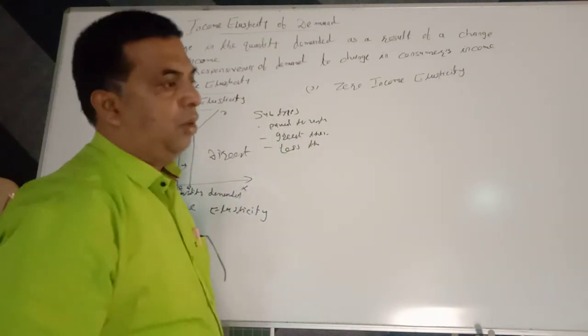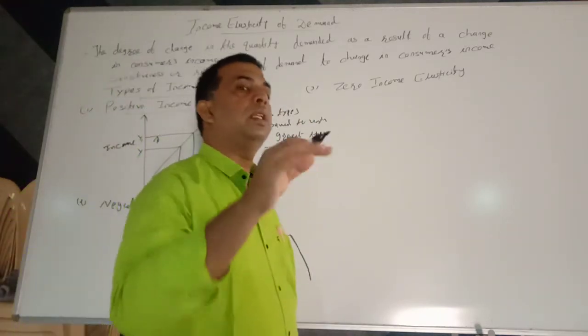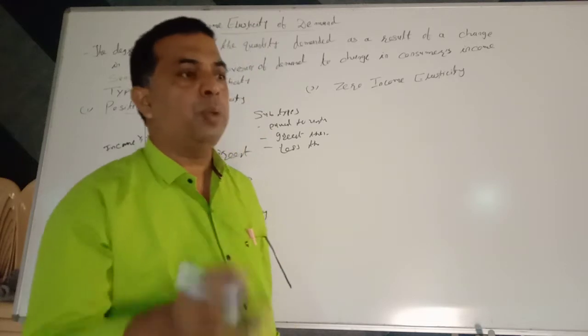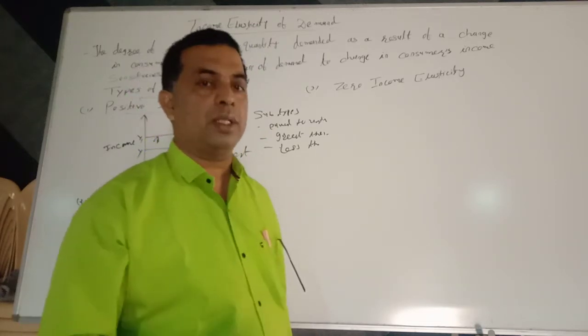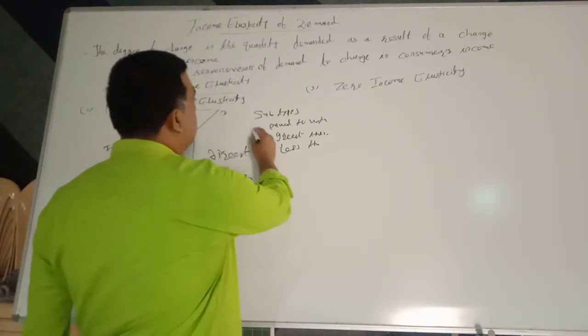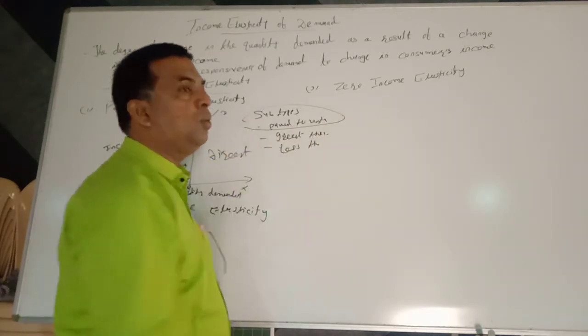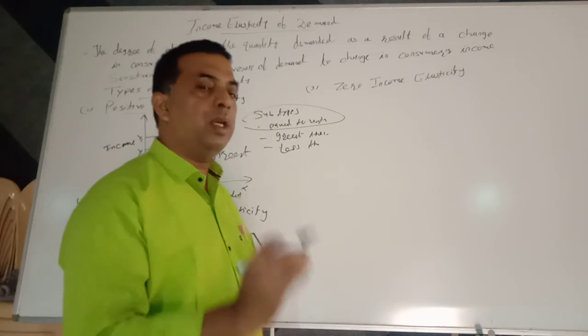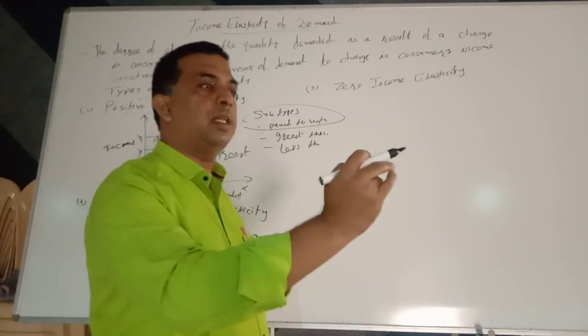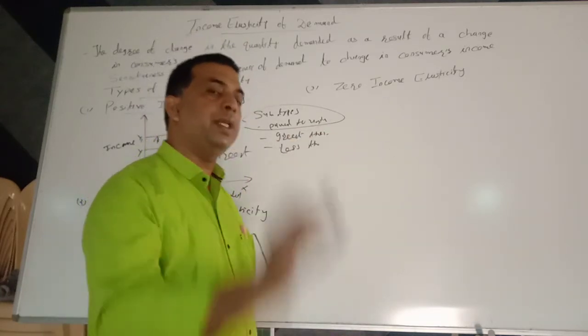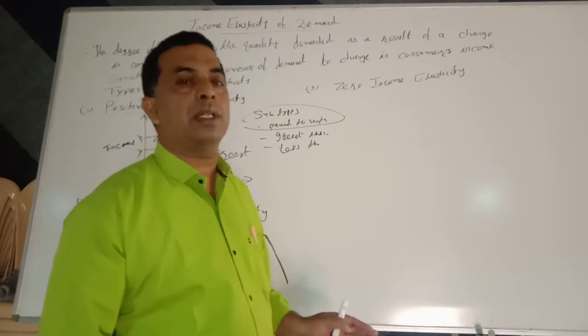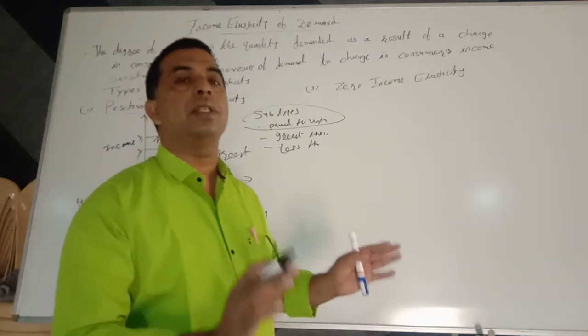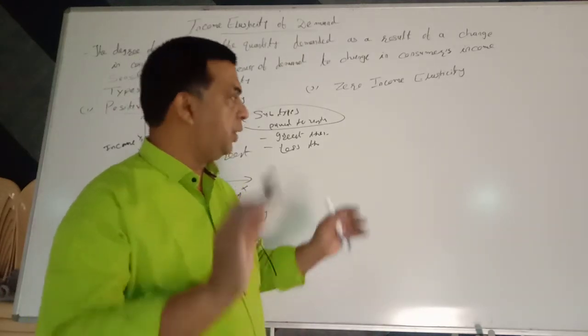When proportionate change in demand is equal to proportionate change in income, what can we say? That income elasticity is equal to unity, or equal to 1. अगर कोई कंज्यूमर की इनकम 10% इंक्रीज हो और डिमांड भी 10% इंक्रीज हो तो हम लोग क्या कह सकते हैं? इनकम इलास्टिसिटी इज इक्वल टू 1 और इक्वल टू यूनिटी.